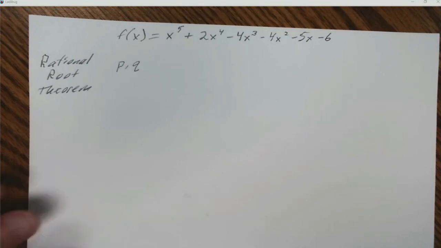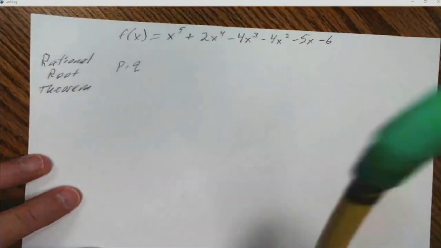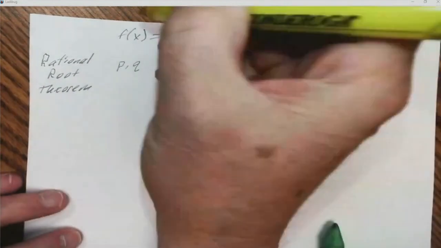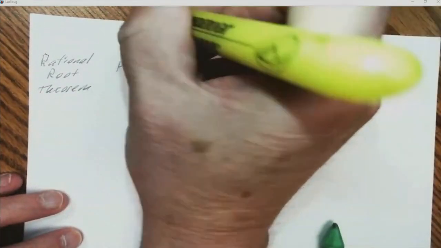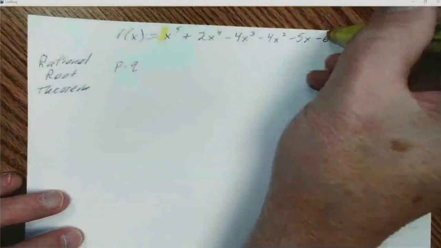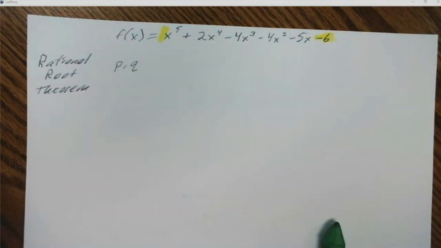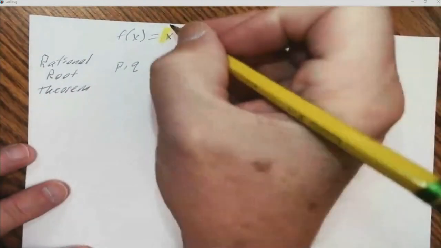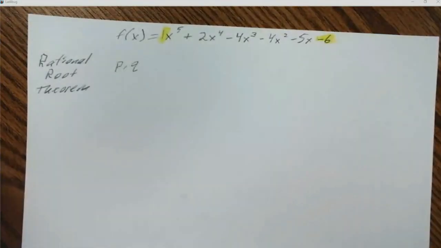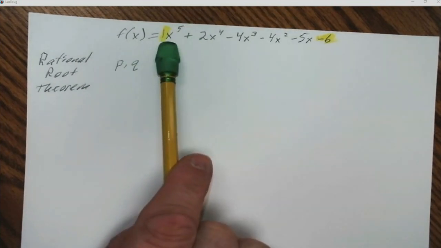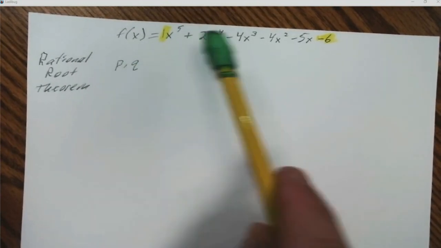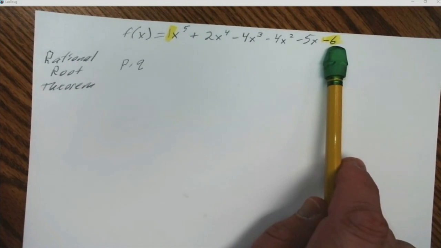So what are we talking about, P's and Q's? Well, let me highlight 2 things here. I'm going to highlight this, and I'm going to highlight this. What I highlight here, nothing really. It's a 1. I'm highlighting the coefficient of the largest term and the constant at the end.